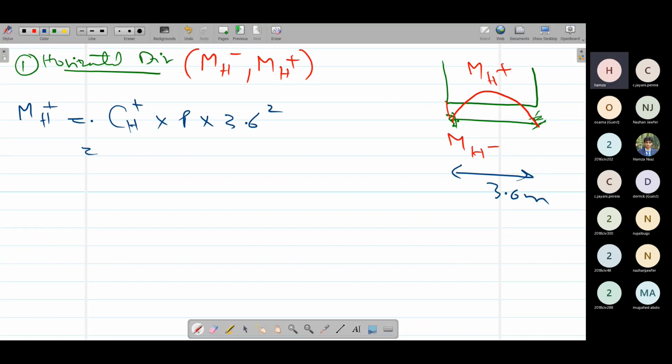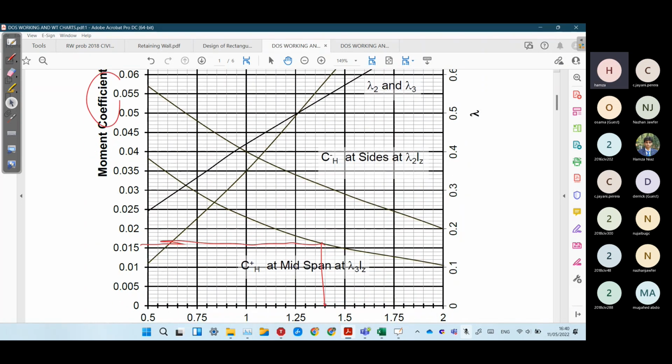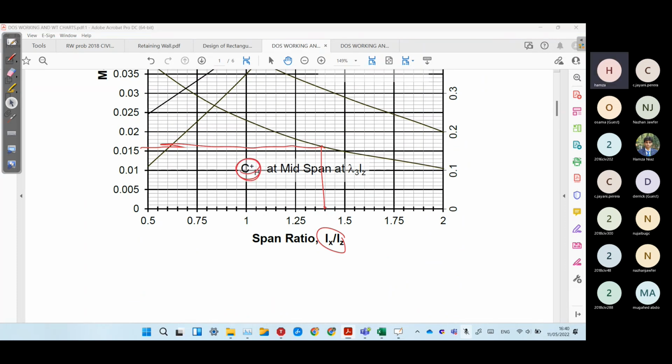So in this case, whatever our Lx over Lz value is, it is 1.4. So for the 1.4 value, we are going to check this CH positive and determine this moment coefficient. So the moment coefficient is this one, C. For the CH positive curve, our moment coefficient is 0.016.